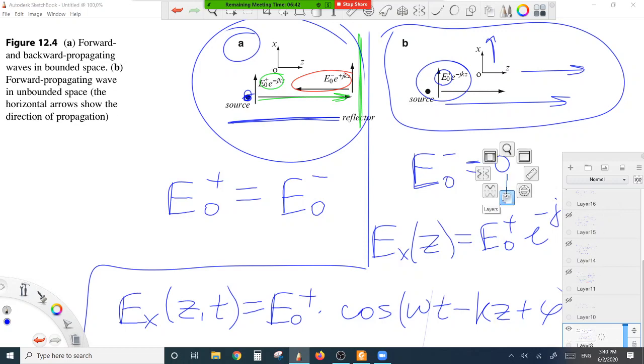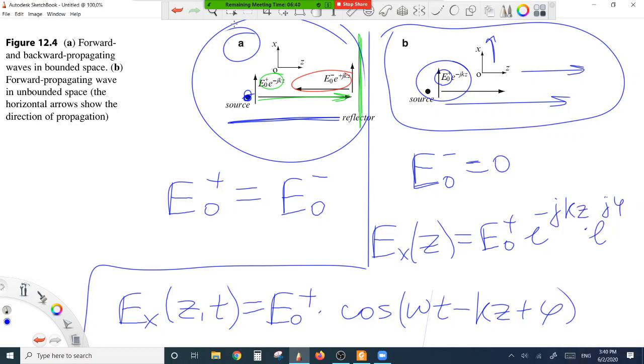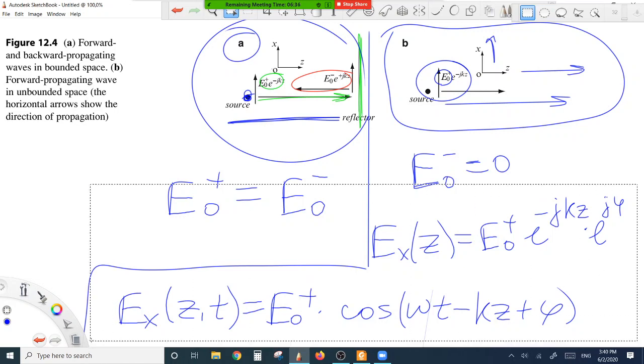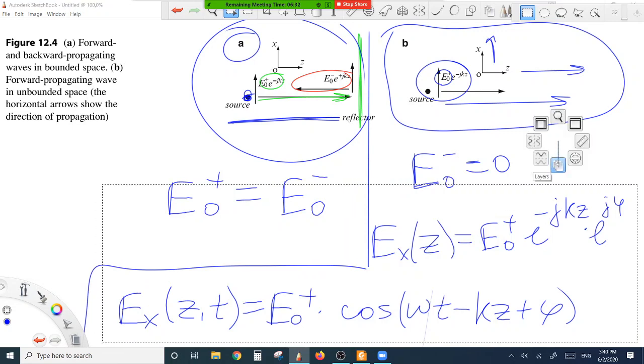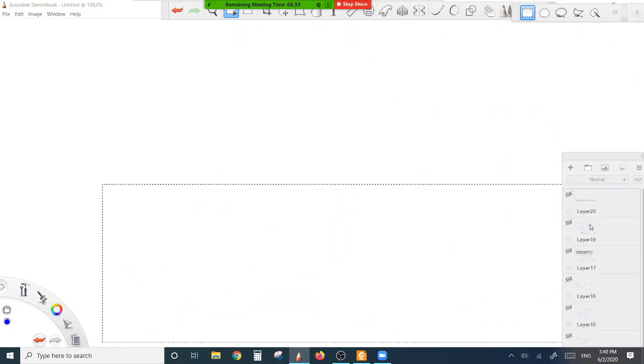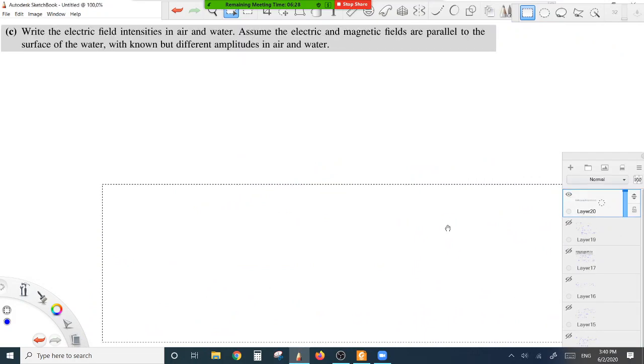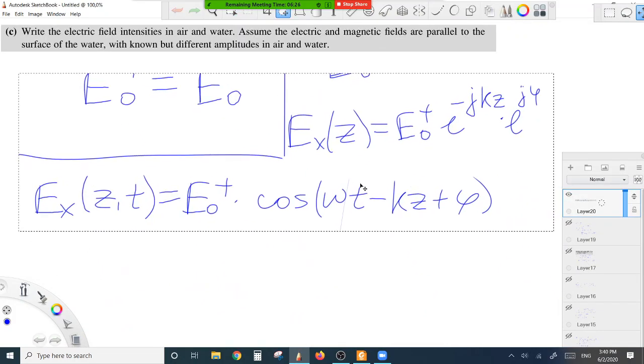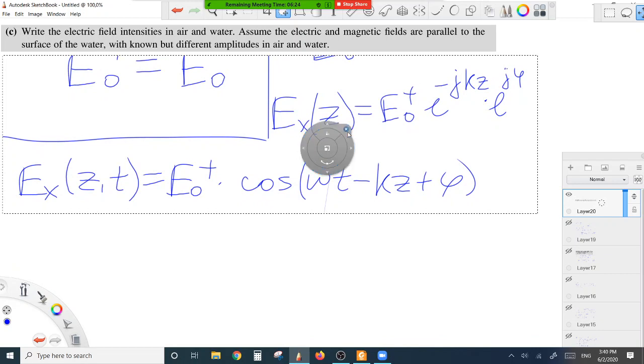Let's copy two of these equations and put them here.